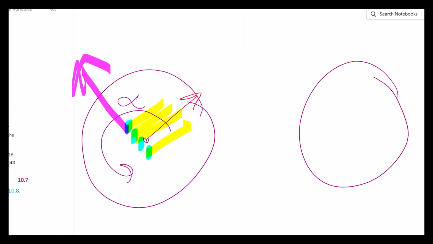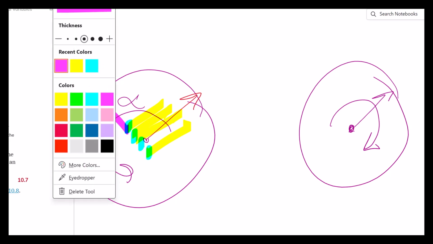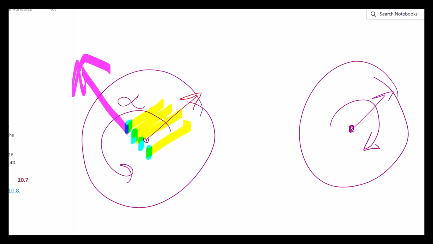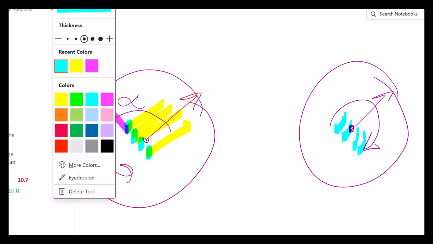If you're decelerating, then you're going into the page. So my fingers go into the page, and then I have to turn my hand kind of backwards to curl them.